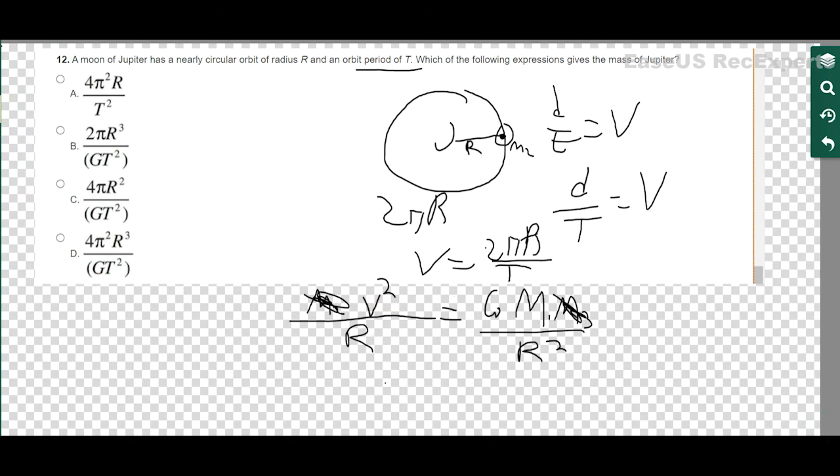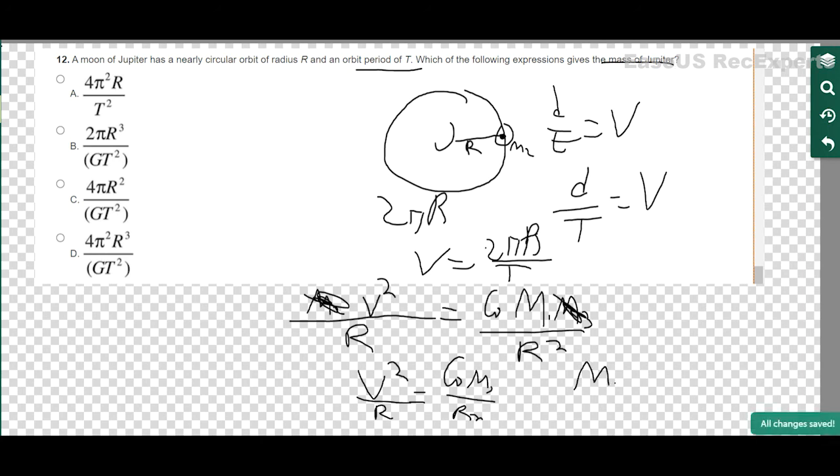So now we'll have v squared over r is equal to G m1 over r squared. From here we want to separate the m1, because that's what we're trying to find, the mass of Jupiter, which is m1.